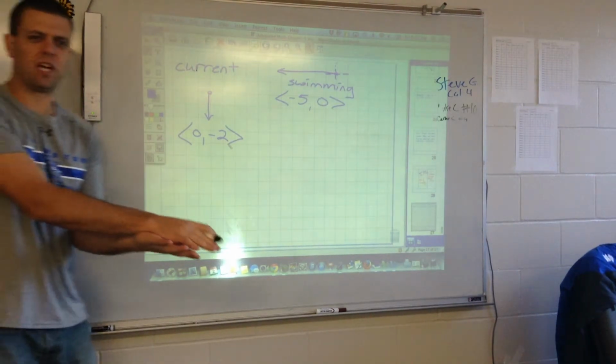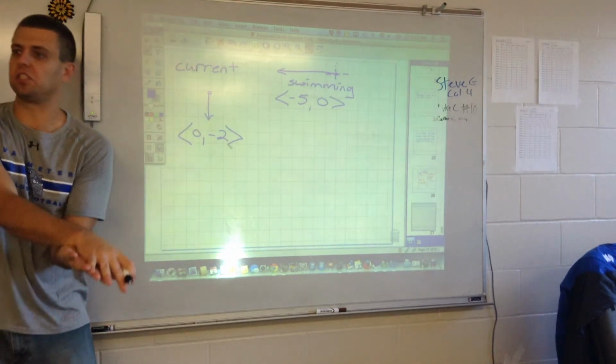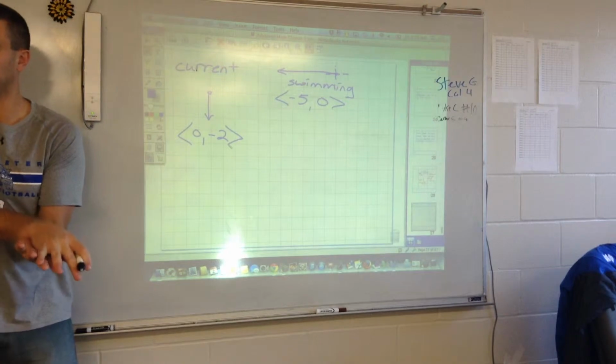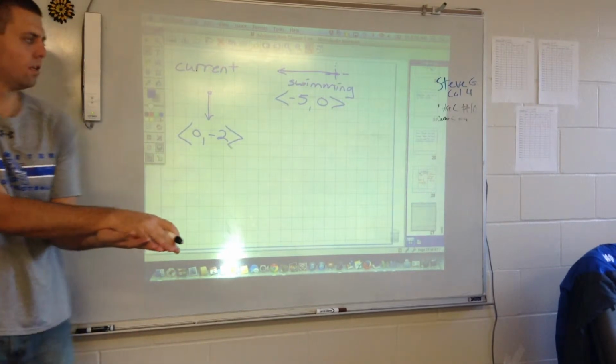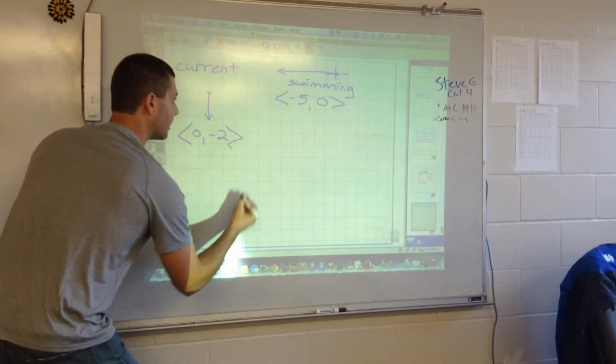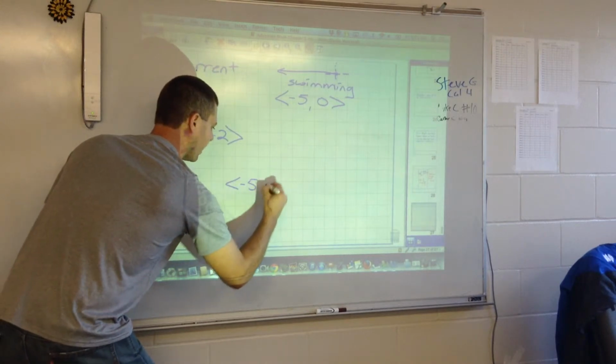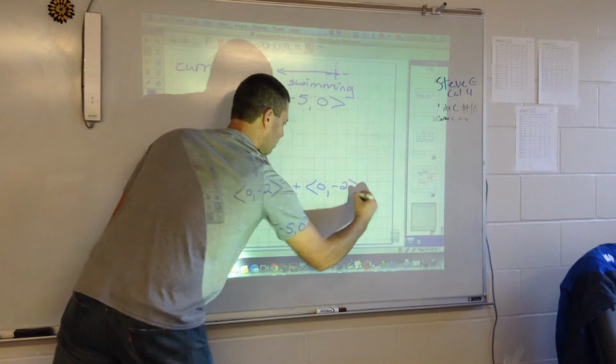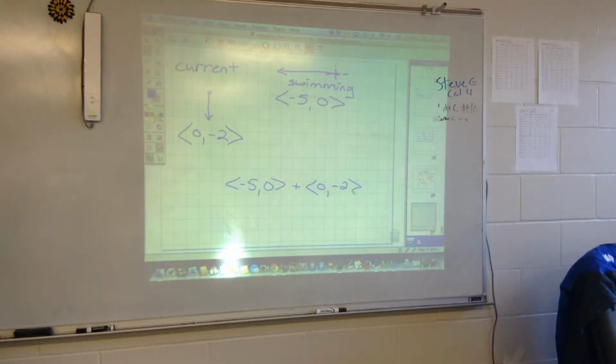Remember the very first definition I gave you that said the resultant is the sum, adding, of two or more vectors. So if I take negative 5, 0, plus 0, negative 2, take a wild guess on what you get. Negative 5, negative 2.